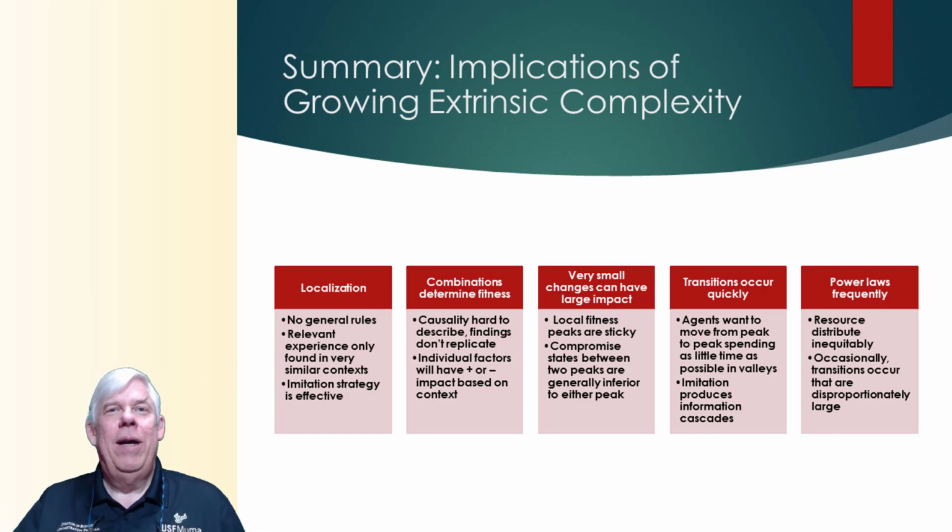Because remember, in these high extrinsic complexity environments, very small changes can have a large impact. So in many cases, we don't want to necessarily do the change ourselves. So I've done some simulation where I really looked at this, and one of the things that I found is that imitation tends to be a very good strategy. And we'll talk about that a lot more as we talk about how technology is impacting our decision making.